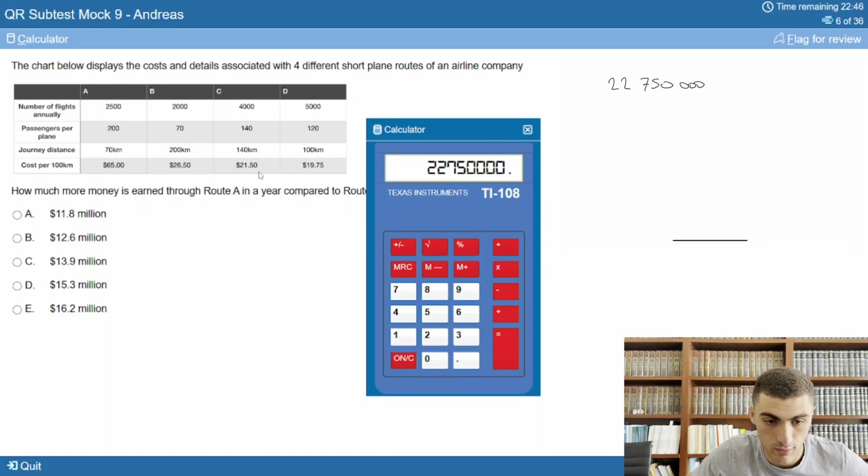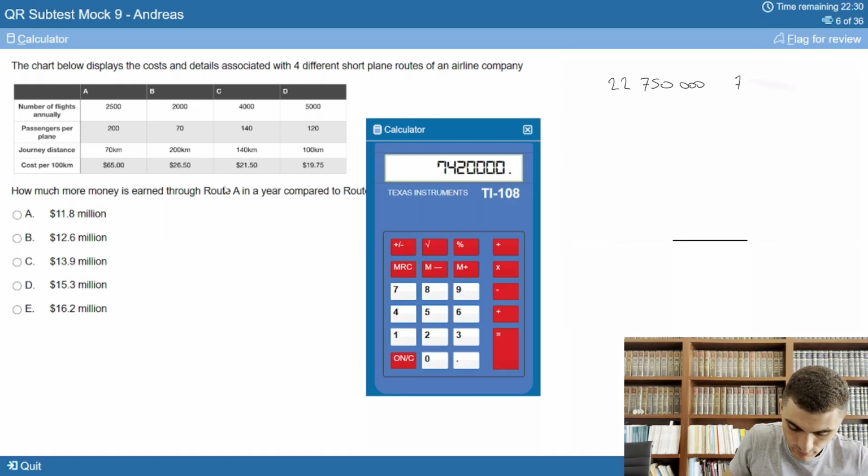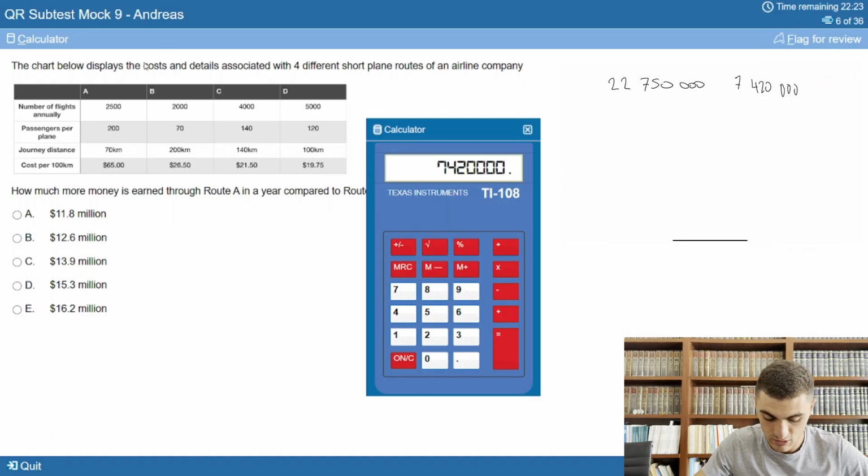Okay, and then 2000 times 70 times 53. So it's 7,420,000. So the difference is around 15 million, so it should be D.